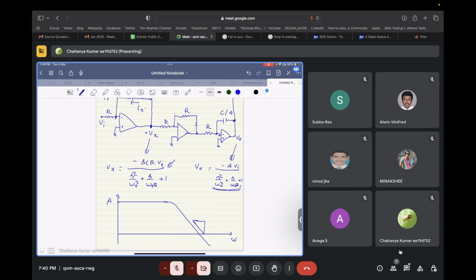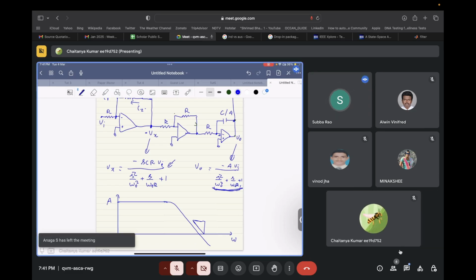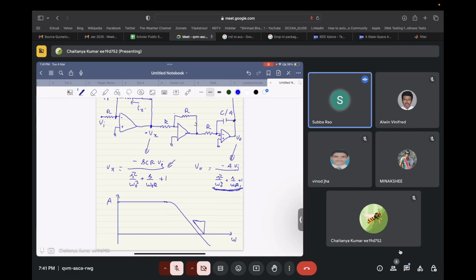What is the order of the denominator? Second order. Yeah. So how does the second order denominator fall, with what slope, in decibels per decade? Minus 20 decibels per decade? Minus 40 decibels per decade? Yes. This thing will fall. Okay.